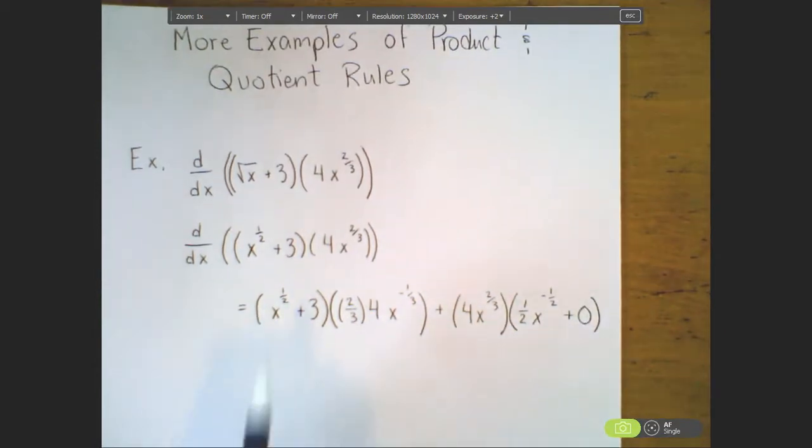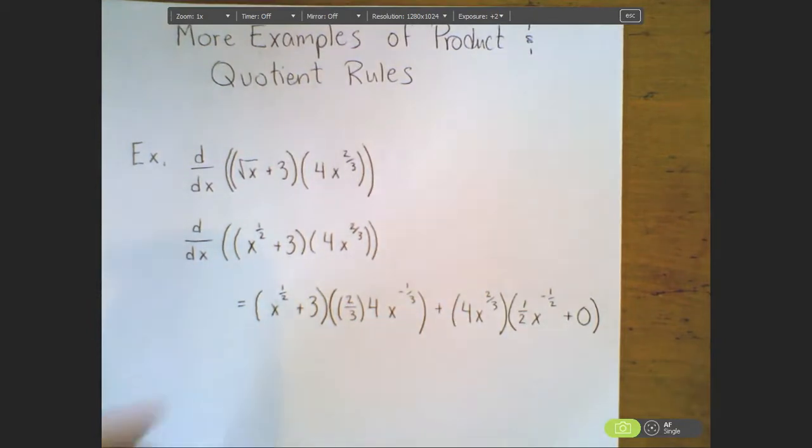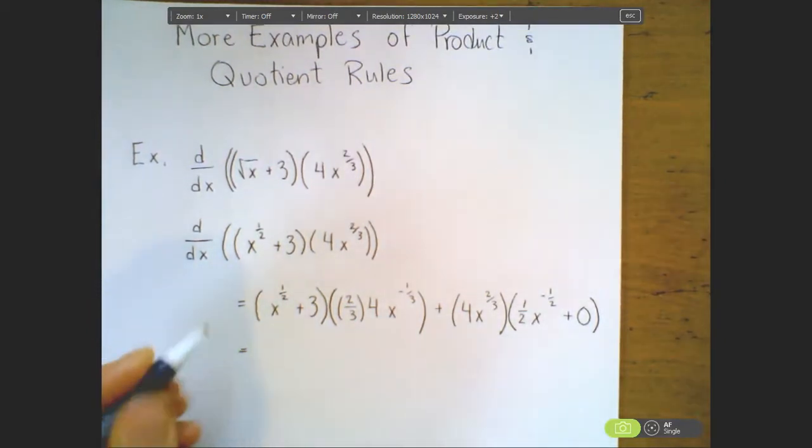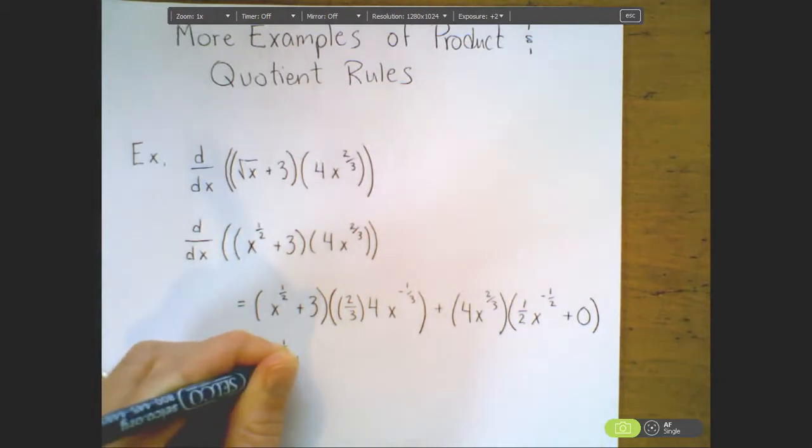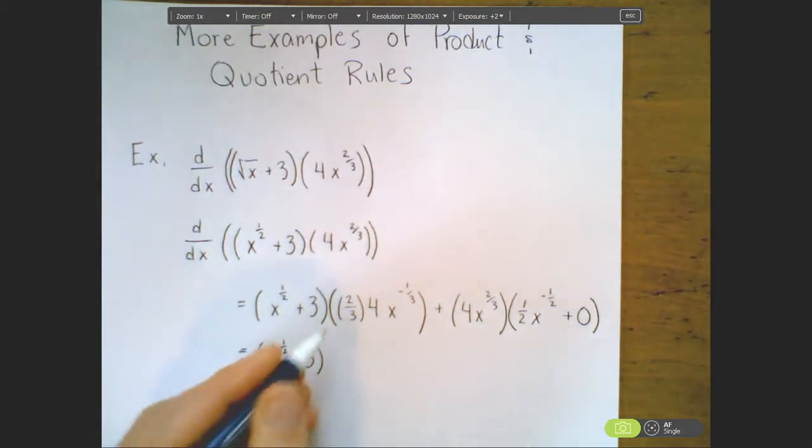Now, this looks pretty complicated, and in general, it's okay not to simplify this. Sometimes we do need to simplify it to get a correct answer. I'm going to simplify this a little bit, but I'm going to leave it written out so that the fact that we used product rule is still really clear.